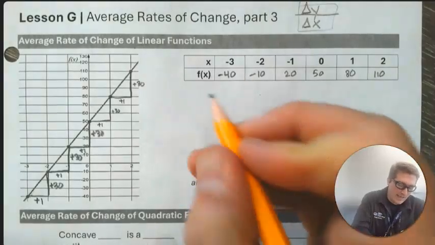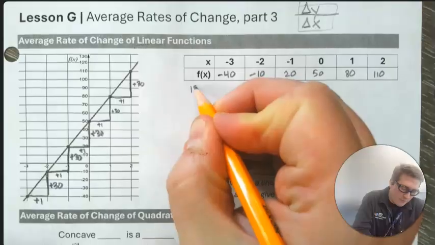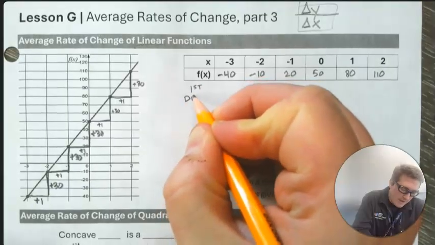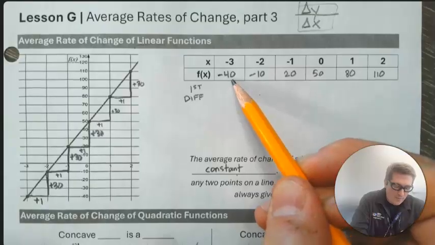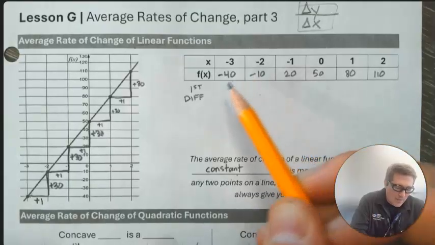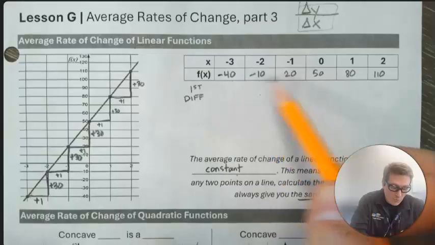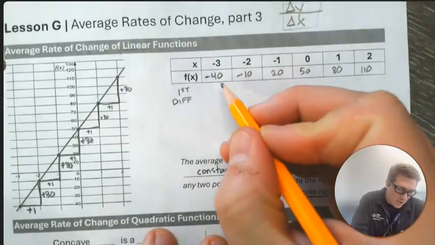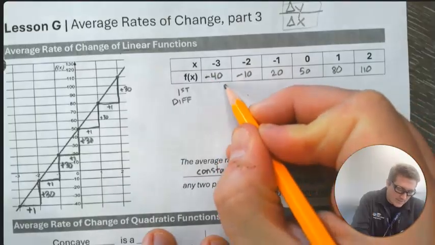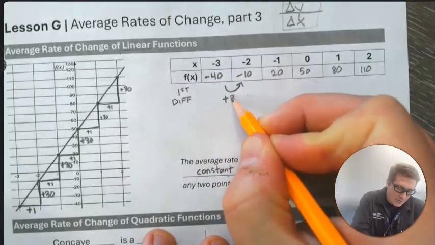Another way of looking at that is what's called a first difference. A first difference is when I find how I get from this y value to that y value. And a first difference only works as long as my table is evenly spaced. So to get from negative 40 to negative 10, I added 30.